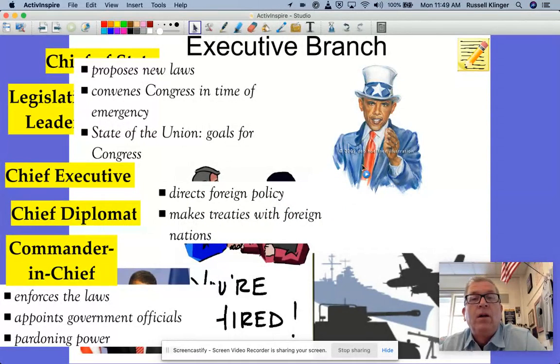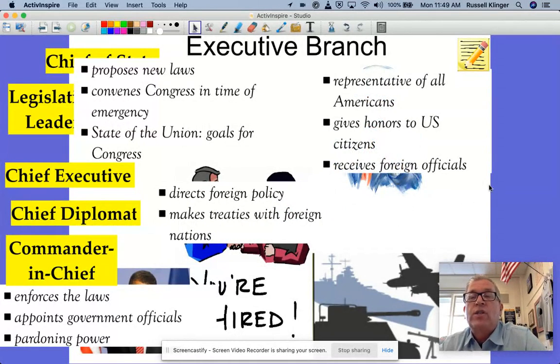The president also is supposed to be a representative of all Americans. It doesn't matter what political party they campaign for, they're supposed to be a representative of all of us as our leader. They also give honors to U.S. citizens, like awards and medals.